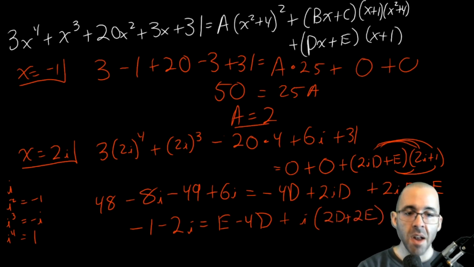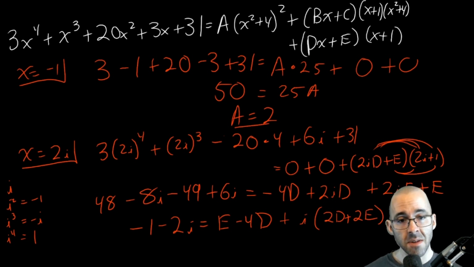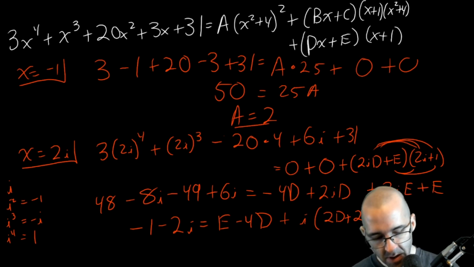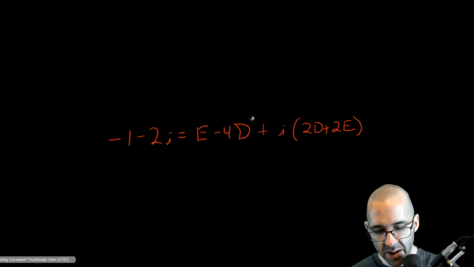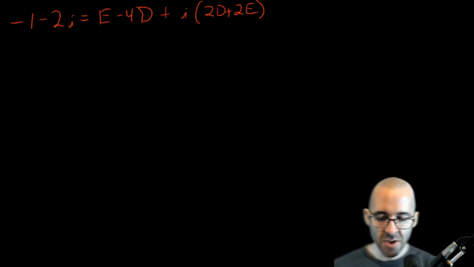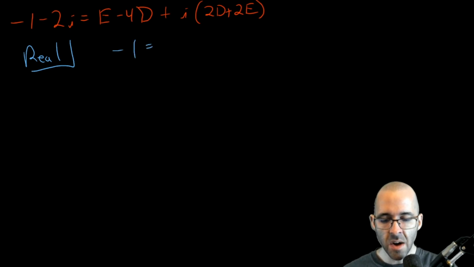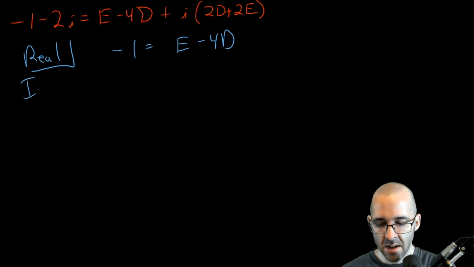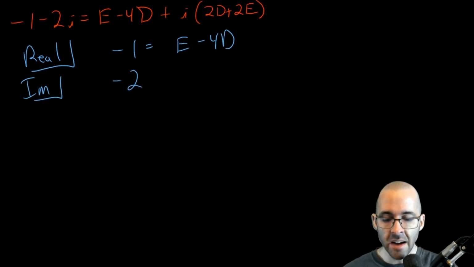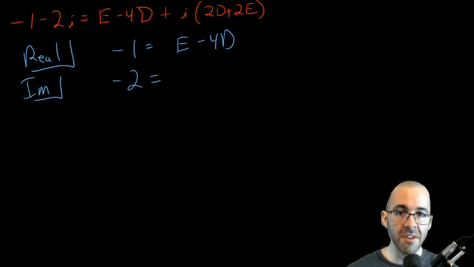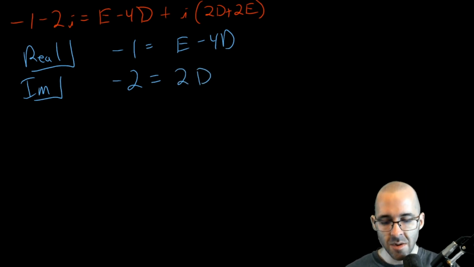Now, just like when we set polynomials equal to each other and the coefficients have to be equal, for complex numbers, the real and the imaginary part also have to be equal. So we can just look at two situations, right? What does the real part look like? Negative 1 has to equal e minus 4d. And the imaginary part, negative 2 is the imaginary part of the left-hand side, is equal to 2d plus 2e, the imaginary part on the right-hand side.